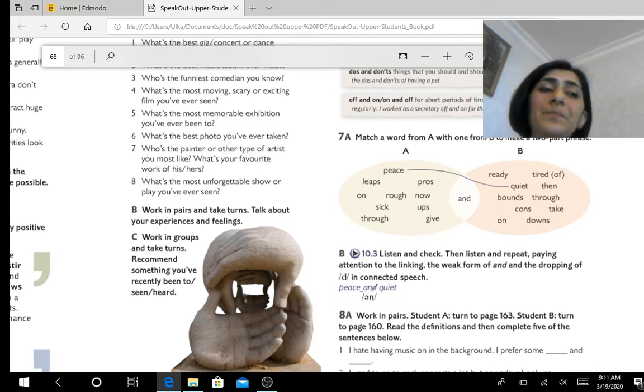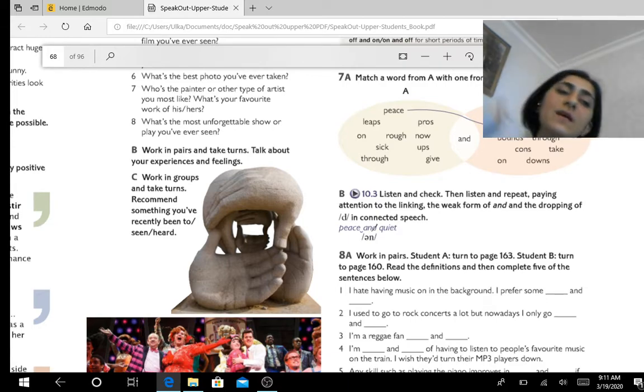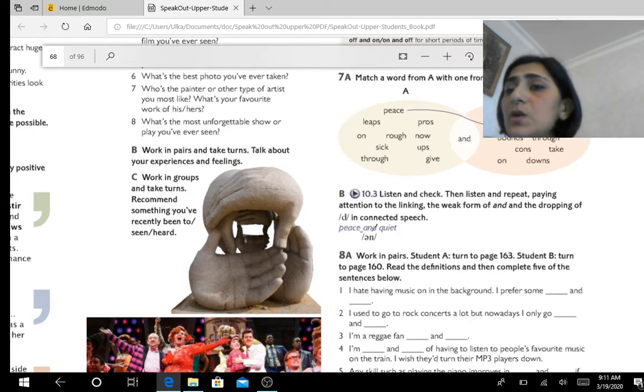So they are under number 10.2 on pages 160 and 163. I can't go there because it's difficult to come back here again. That's why with your book you can easily do that. So you will find out all the definitions of these two-part phrases.